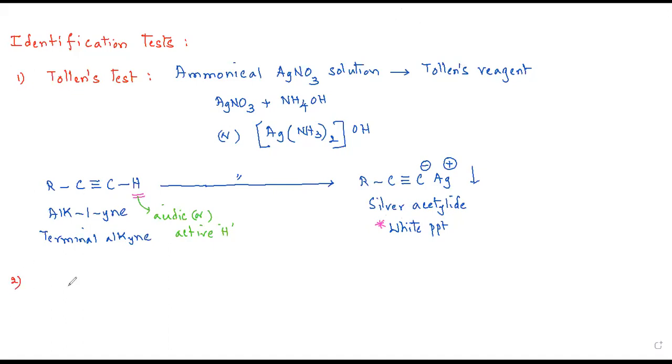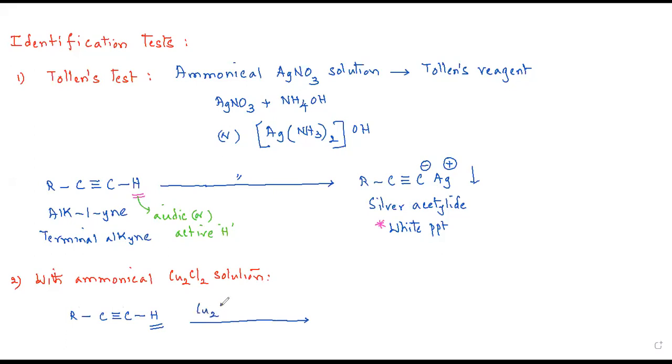Now the second test is with the ammoniacal cuprous chloride solution. Even here also, the presence of acidic or active hydrogen is necessary. Only then you get the reaction.